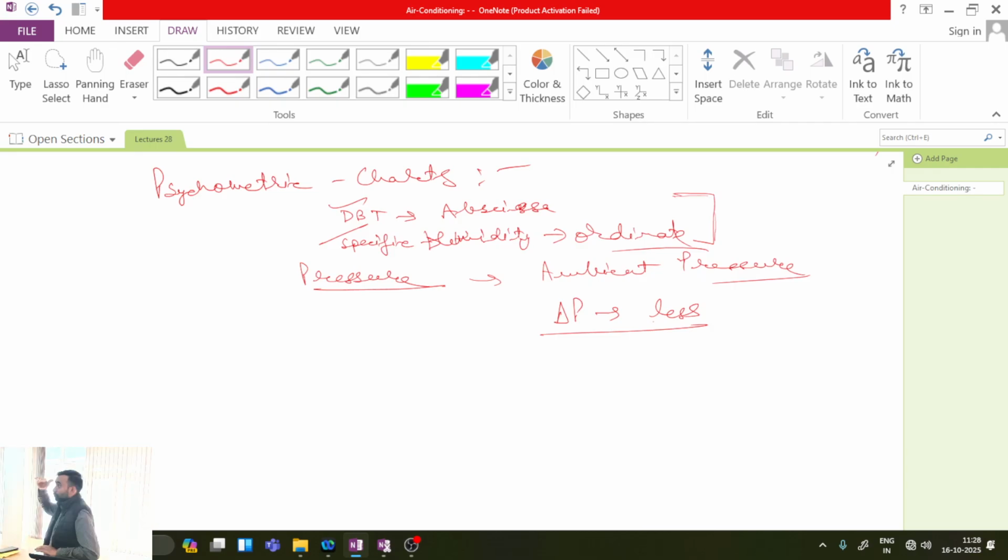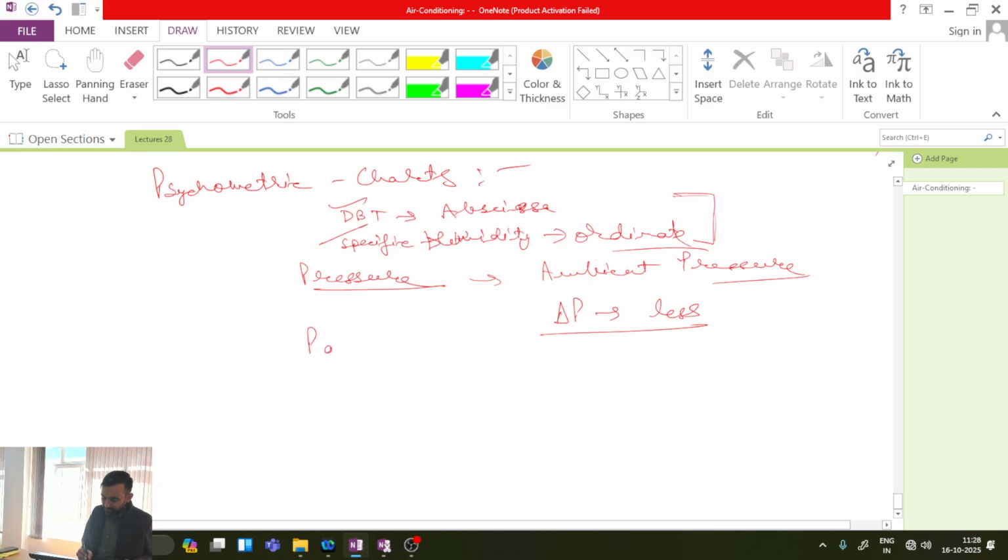Of course, in certain very specialized applications, if pressure has to be increased or decreased, then you have to construct the property diagram for that particular pressure. But for standard air conditioning applications, whenever you refer to any of the texts, only a single psychrometric chart is given, and that chart corresponds to ambient pressure.